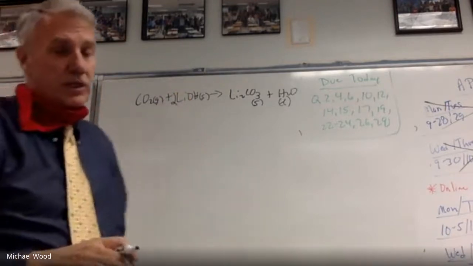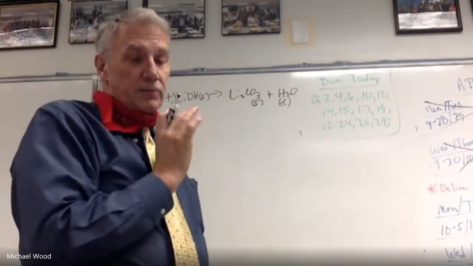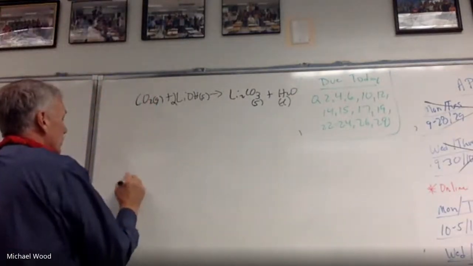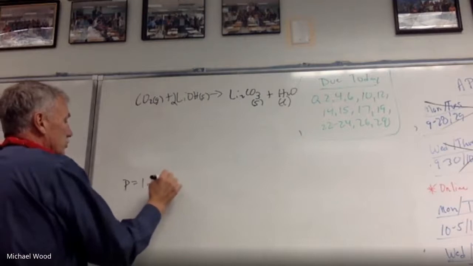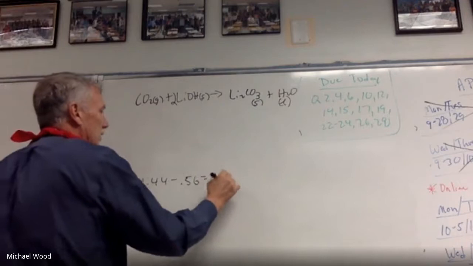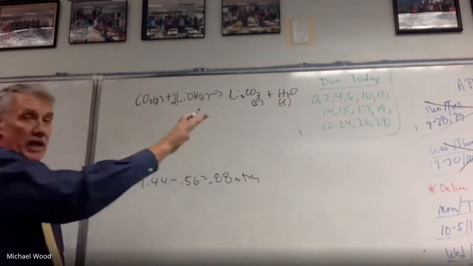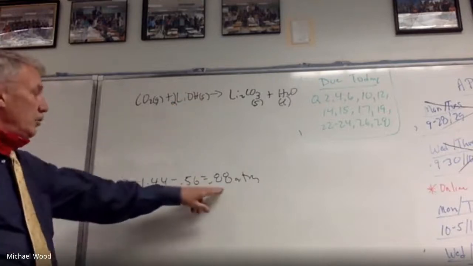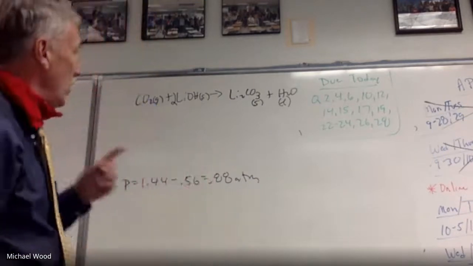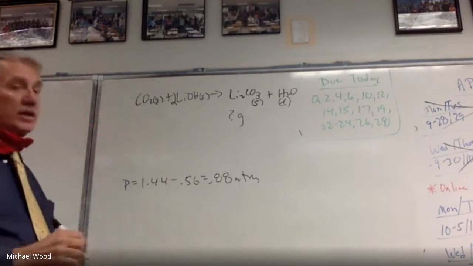Now this one's a little bit tricky, but the key in this problem is that the pressure drops. The pressure goes from 1.44 to 0.56. And so that has to correspond to the moles of CO2. It's the only gas. So 0.88 would have been the pressure of CO2 that reacted. What we're trying to figure out are the grams of the Li2CO3.